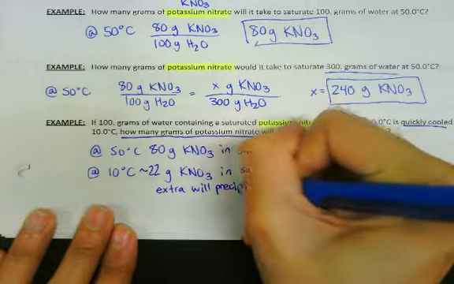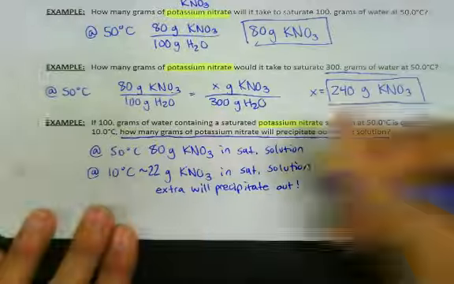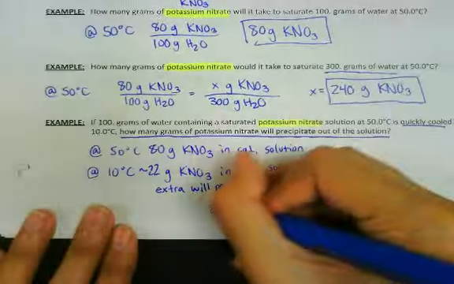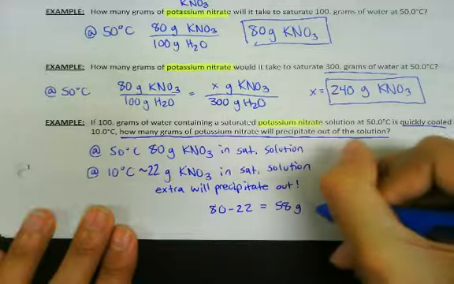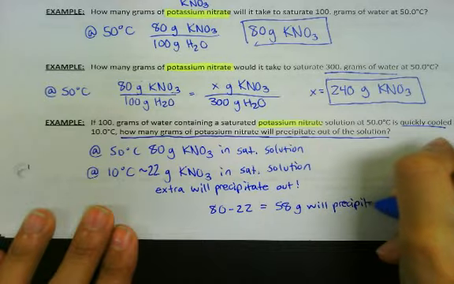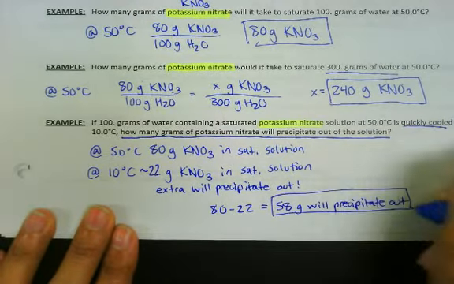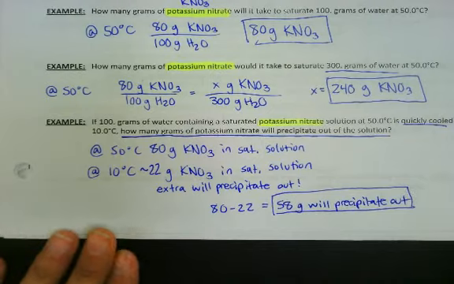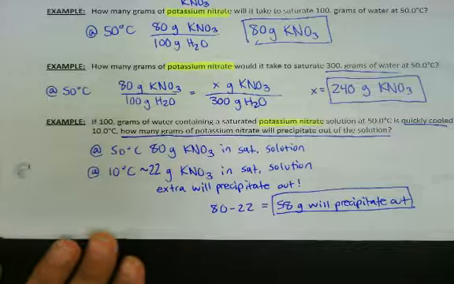That's what our problem was asking us about. Okay? So you just find the difference between these two. Okay? 58 grams will precipitate out. 58 grams will fall out of the solution.